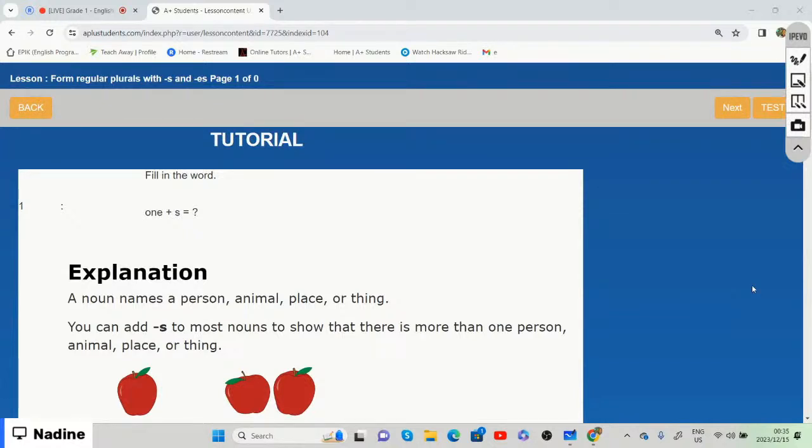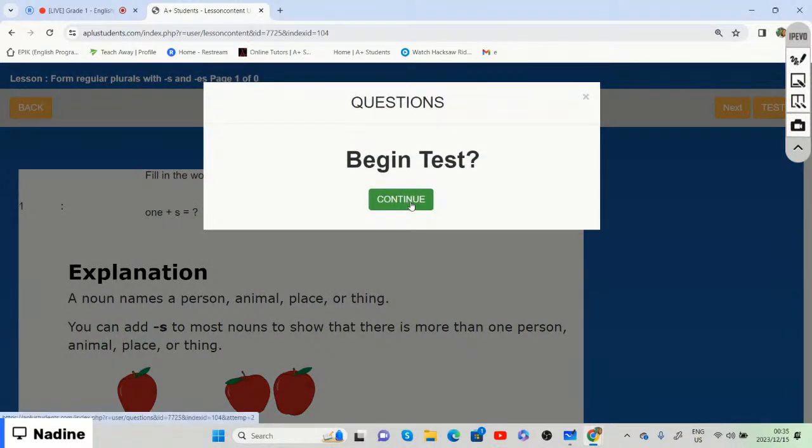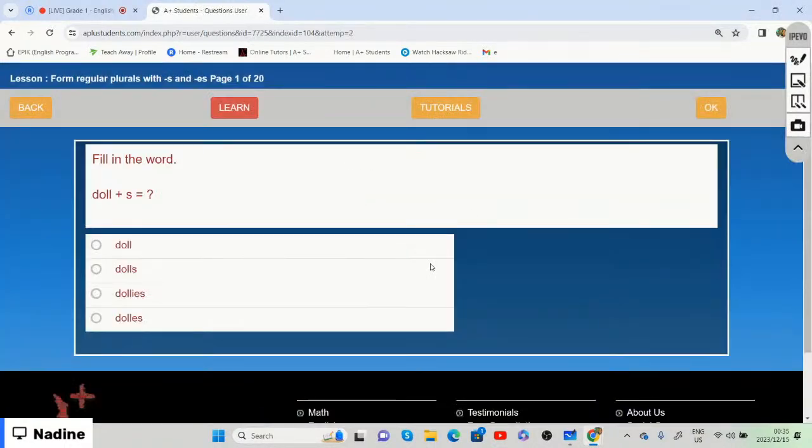All right, so now we're going on to our test, right? Where we are going to form regular plurals with S and ES. All right, so we have doll plus S. Doll plus S is the first option, which is doll, dolls, dollies, or dollars.